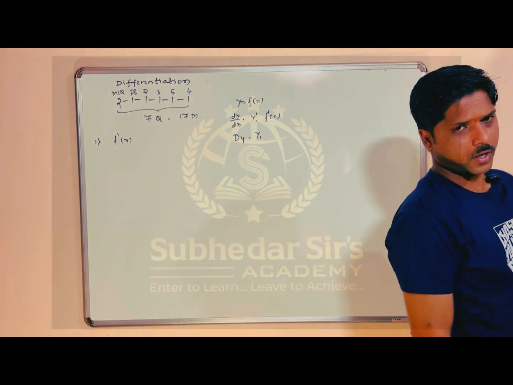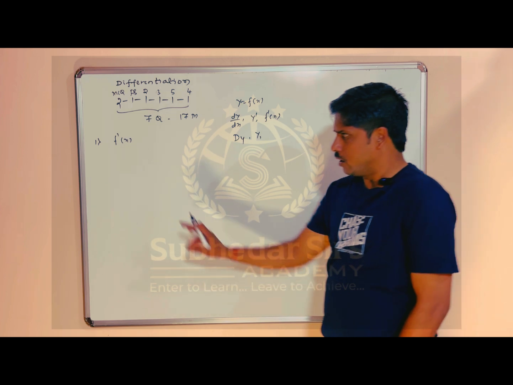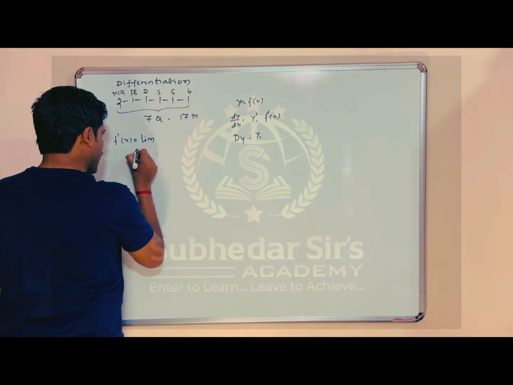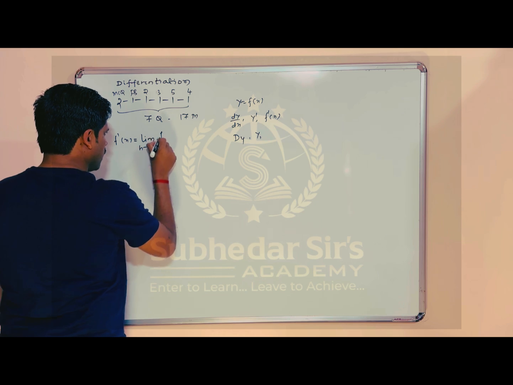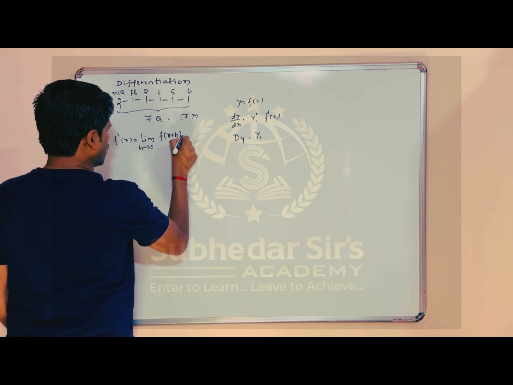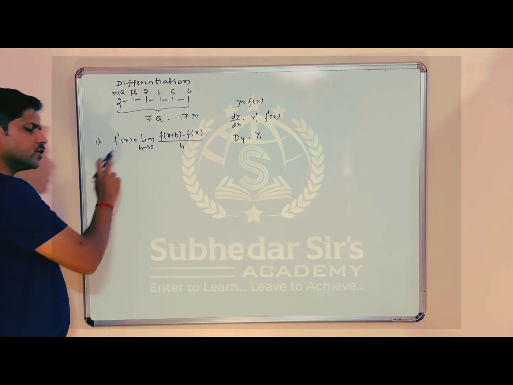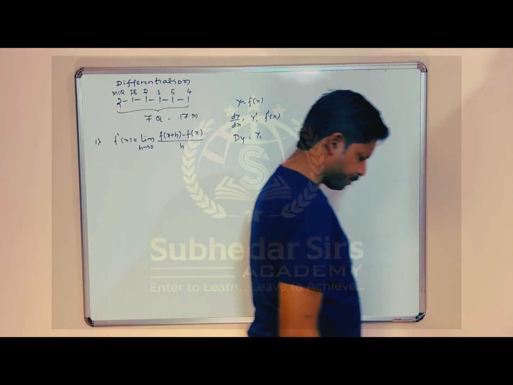These are the notations for differentiation, right? f dash of x is defined as limit as h tends to 0 of f of x plus h minus f of x, whole divided by h. This is the definition of differentiation.